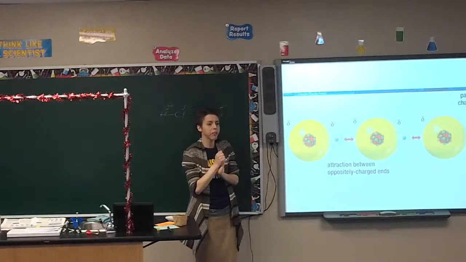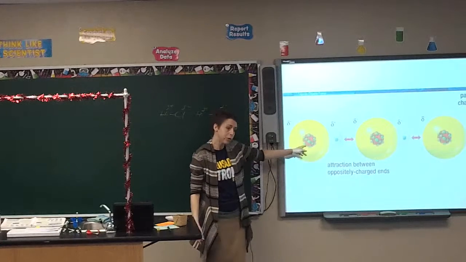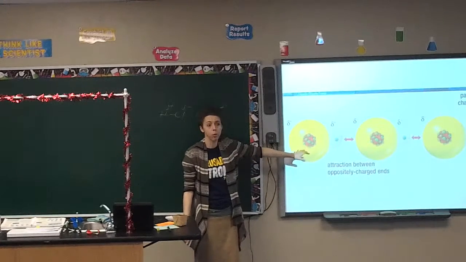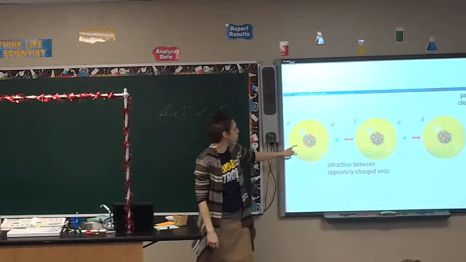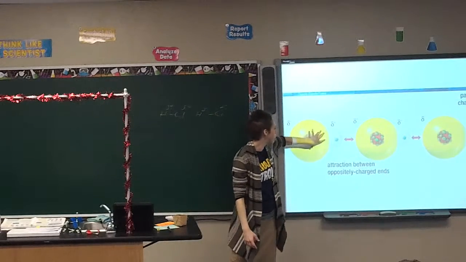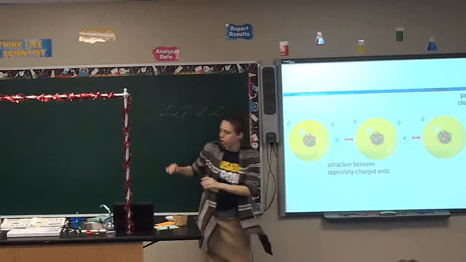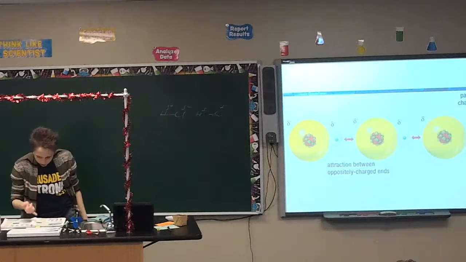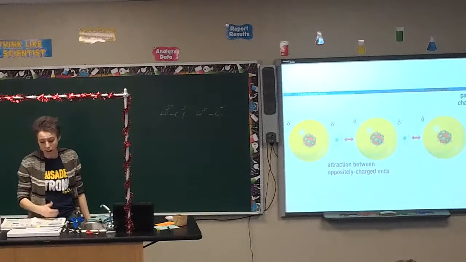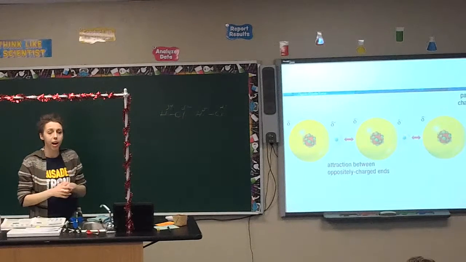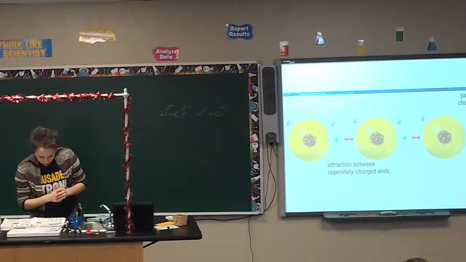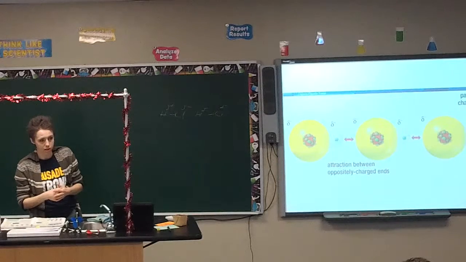Your book points out that even though this seems close to ionic, ionic is stronger, because ionic is what's holding the molecule together. This is just holding partial charges from one molecule to another molecule. So make a note on page 140 that dipole forces are not nearly as strong as an ionic bond. Even though they're very similar, an ionic bond is stronger. Anyone have any questions about that?